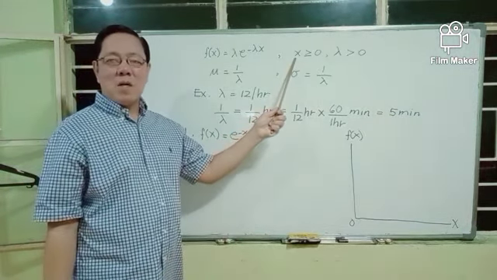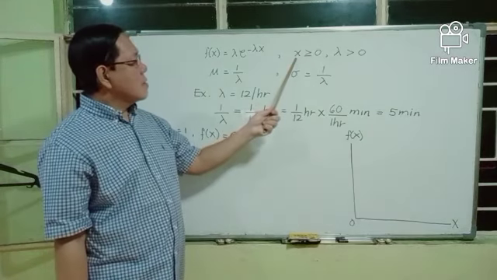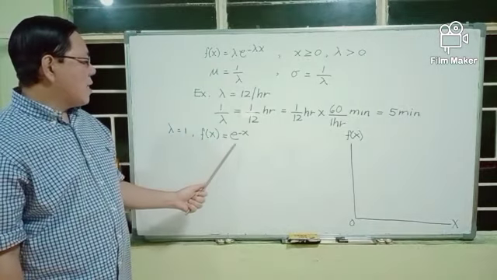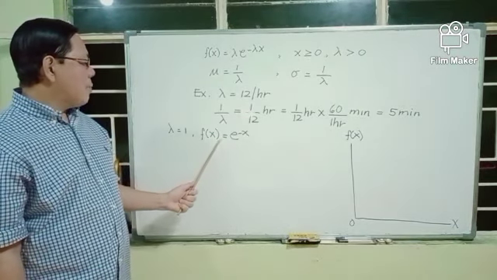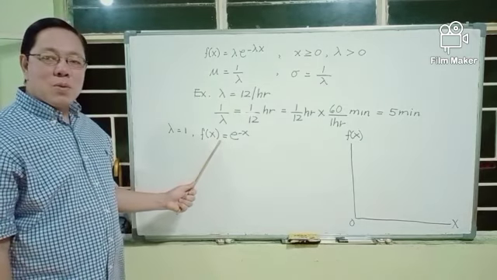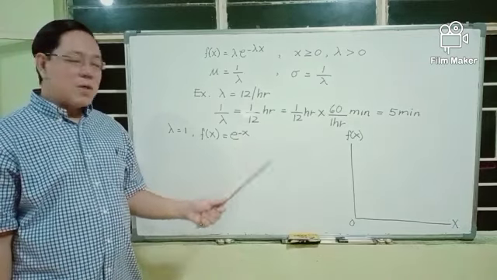x can have a value of 0, because the restriction on the values of x is x greater than or equal to 0. So when x is 0, f of x, or y, is equal to 1, because e to the minus 0 is e to the 0, and e to the 0 is 1.